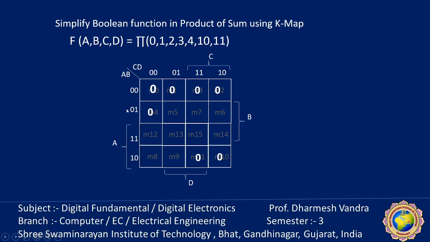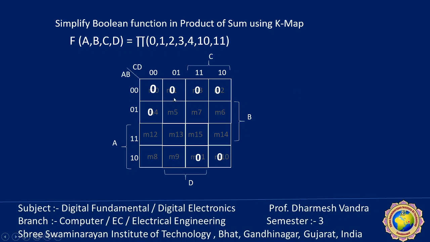Whatever our minterms, we have to complement. First, we identify the common thing, make a bunch of 4, 2 in such a way that whatever the literals are, we have to complement them. So we get the result in POS form, product of sum.